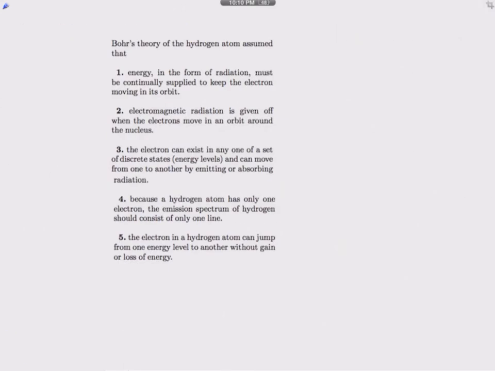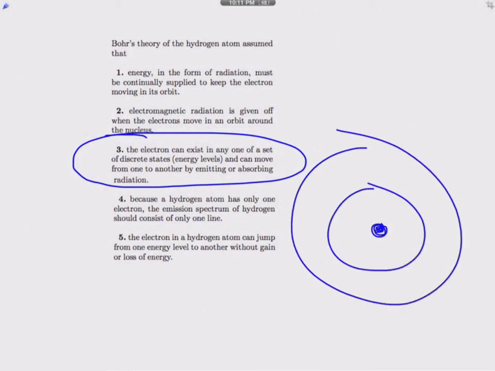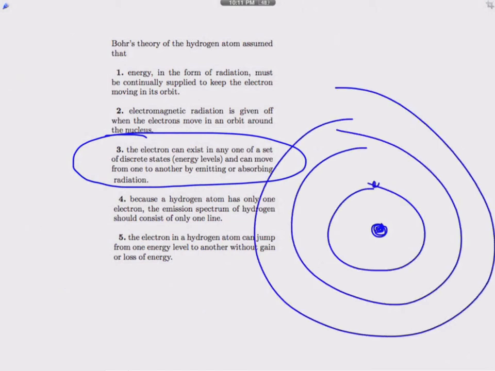Bohr's theory of the hydrogen atom assumed that the electron can exist in any of a set of discrete states and can move from one to another by emitting or absorbing radiation. This was the key concept in Bohr's model. This gives rise to the nucleus with the distinct ring pattern around it, electrons jumping from one orbital to another, and when they move back down, they give off light.